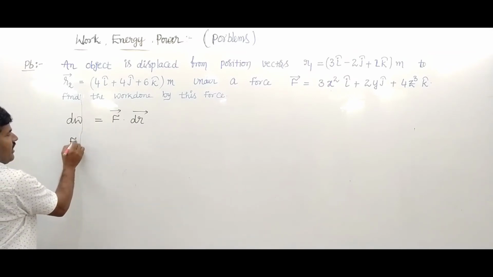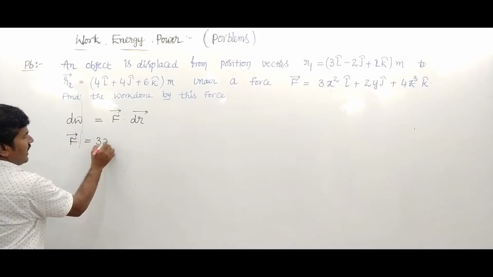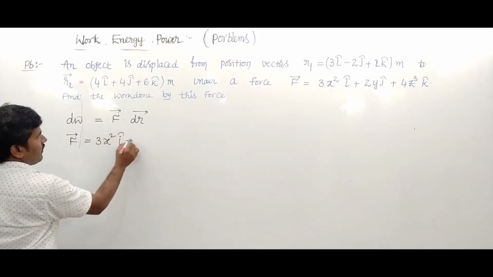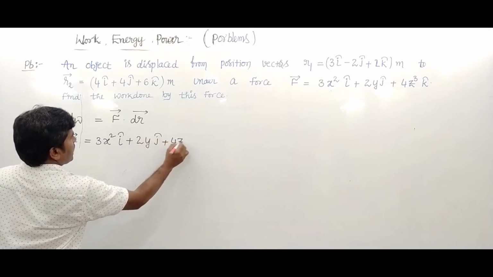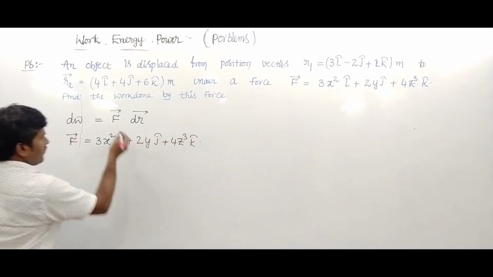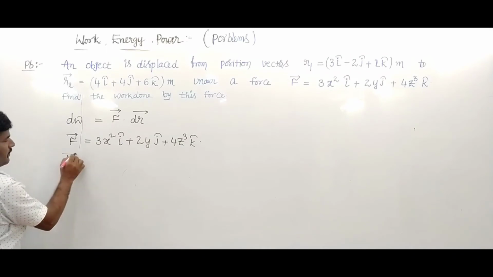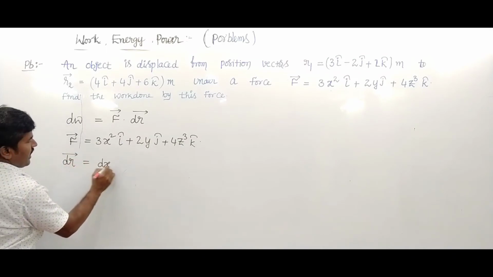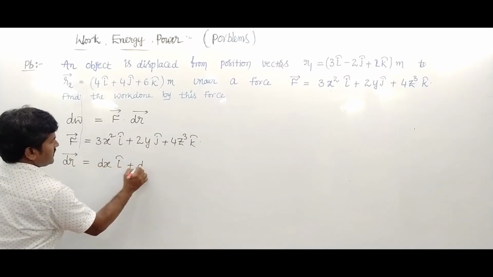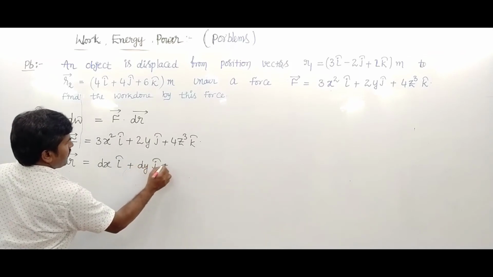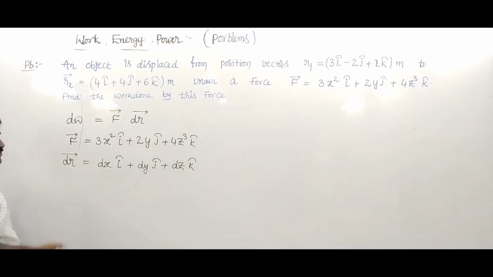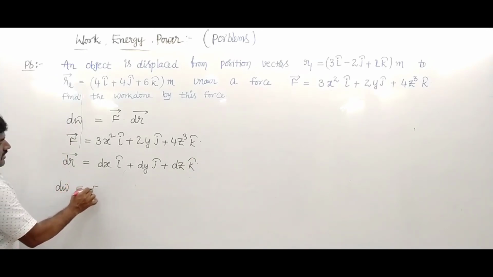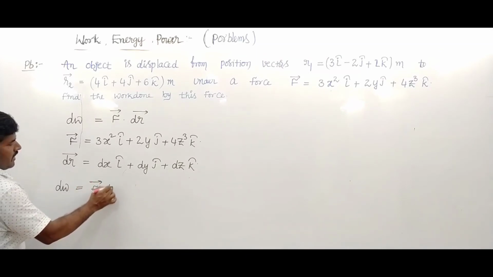F is given: F bar equals 3x square i cap plus 2y j cap plus 4z cube k cap. And dr bar is dx i cap plus dy j cap plus dz k cap. So dW is written as F bar dot dr bar.